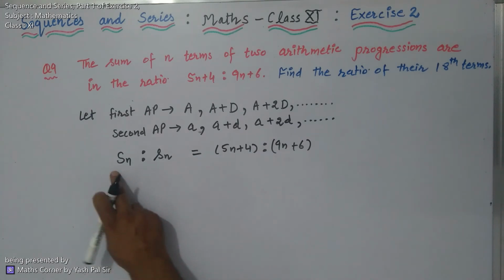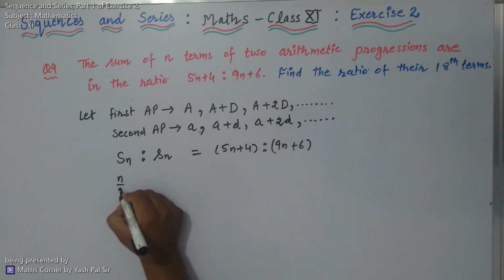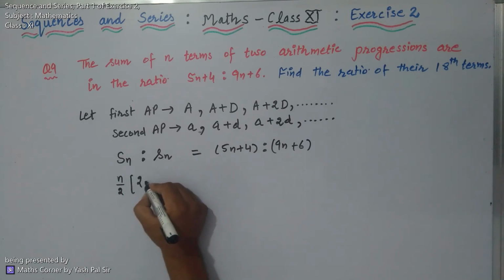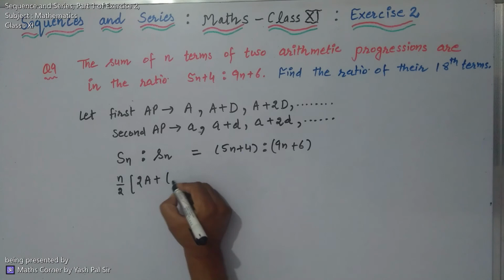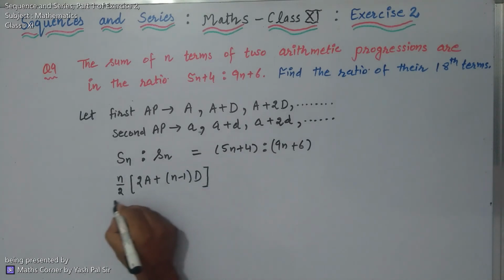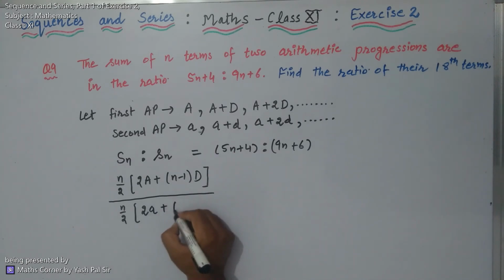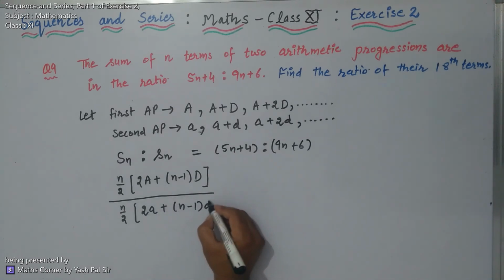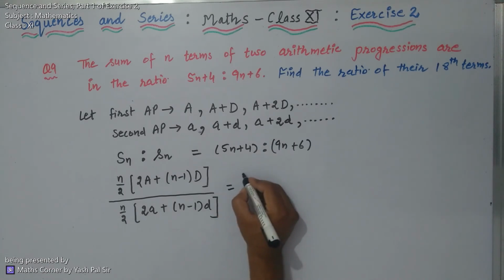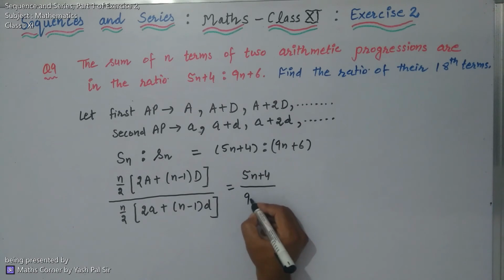So what we can say here, Sn, that means n by 2 into 2A plus n minus 1 into D, divided by n by 2 into 2a plus n minus 1 into small d is equal to 5n plus 4 divided by 9n plus 6.